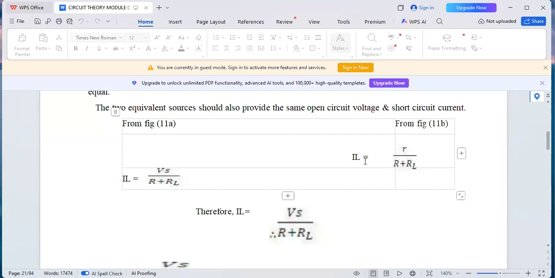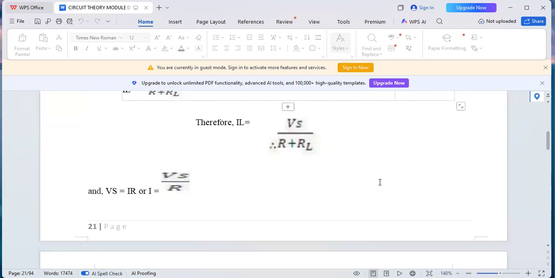Then the open circuit voltage, open circuit current will become R, because it is open circuit, there's no voltage across. So you have R, which is a resistance, divided by R plus RL. Therefore, we can say that IL is equal to Vs over R plus RL.